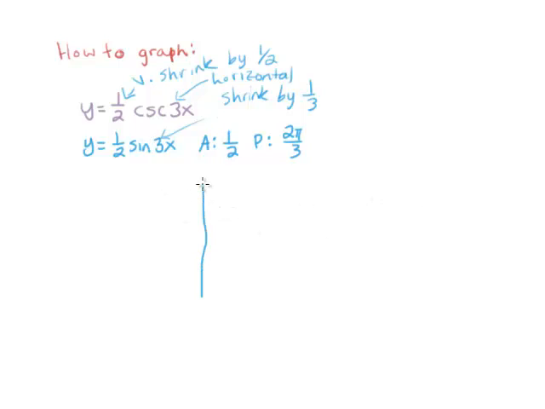So we draw our x and our y-axis. If this was 1, then we would have to only go up halfway, or up and down halfway. And then we can make a mark out here for 2 pi over 3, and a mark out here for negative 2 pi over 3.